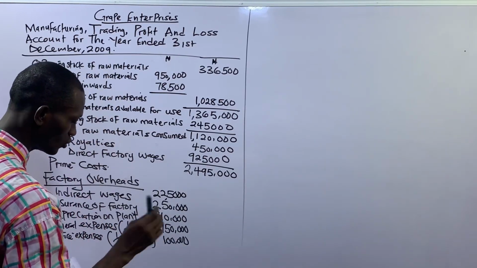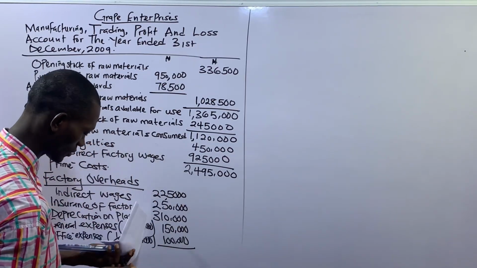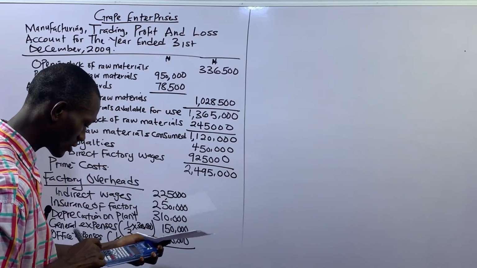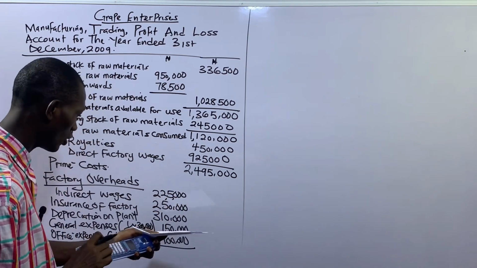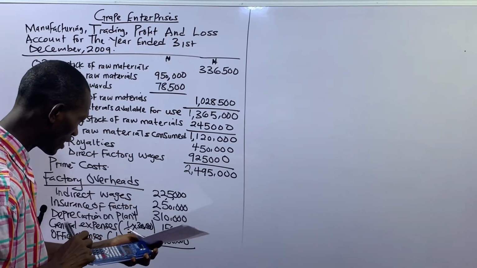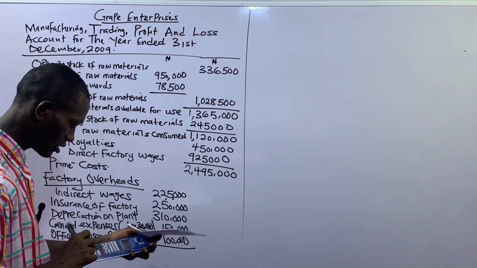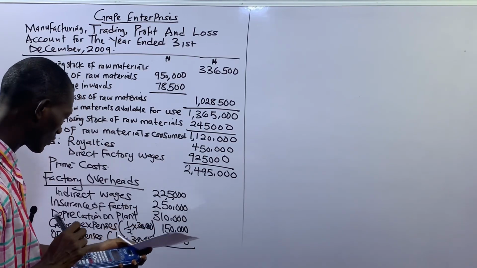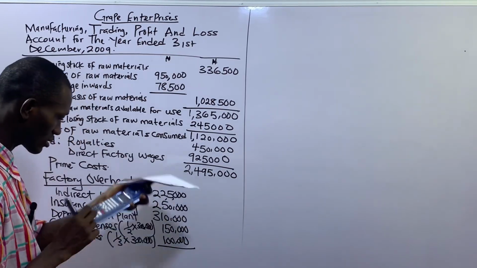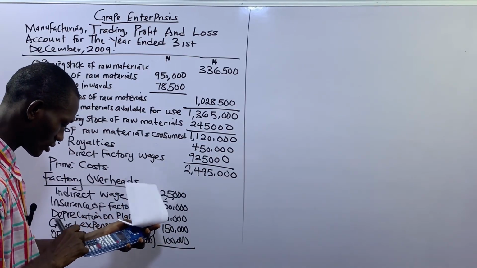So let's add everything. 225,000 plus 250,000 plus 310,000 plus 150,000 plus 100,000.